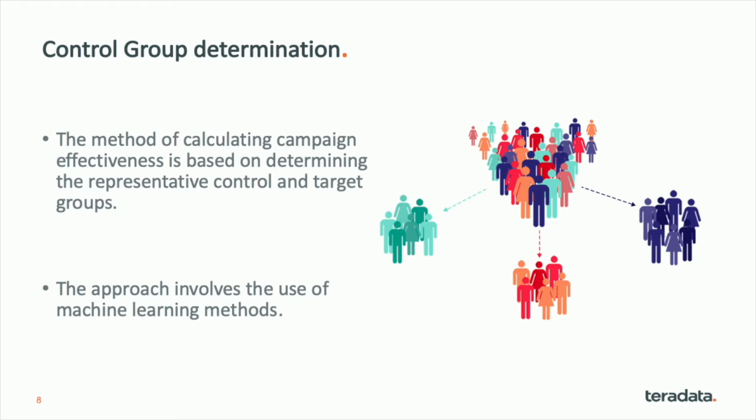Then we make a split into target and control groups within these clusters. After we join the target group from all clusters and the control group from all clusters, these groups will be representative.